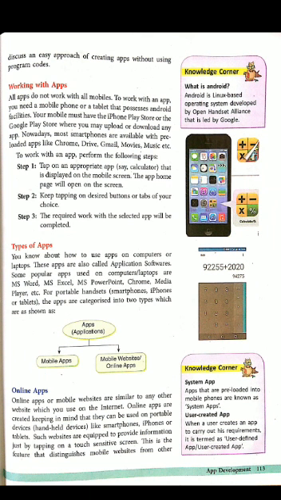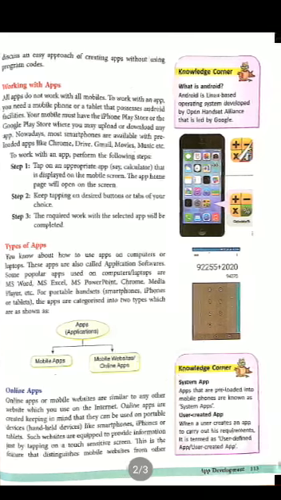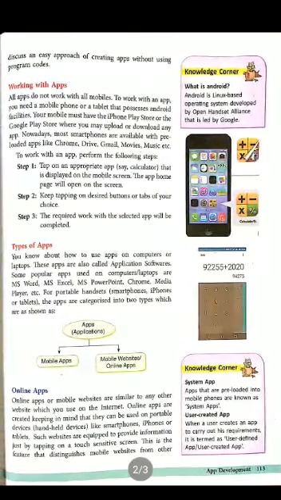And the maximum smartphones which are available in the market all are using the Android version, the latest Android version in their smartphone. So it becomes very easy to download any kind of applications from the Google Play Store, and you can use it for various kinds of work.